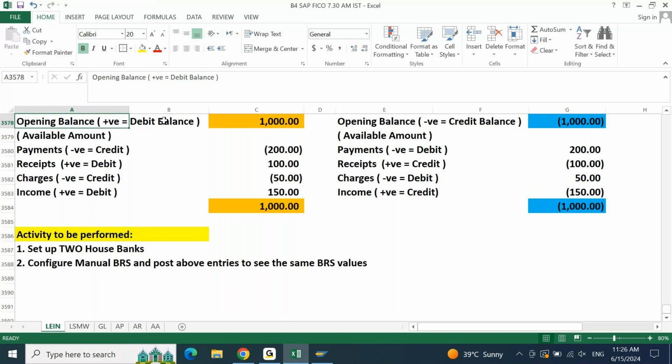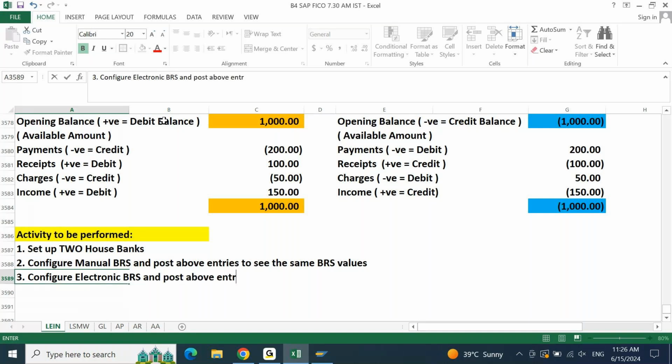Step number 3, you are going to configure electronic BRS and post the above entries to see the same BRS values.